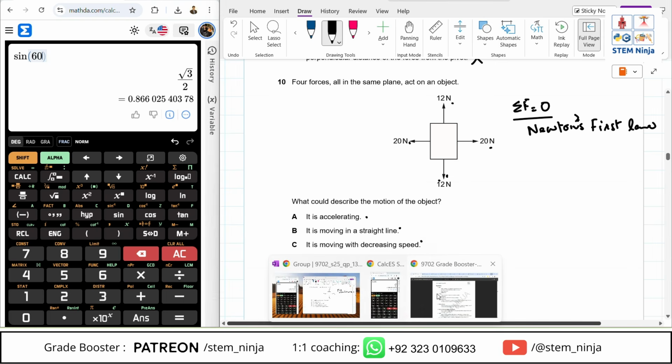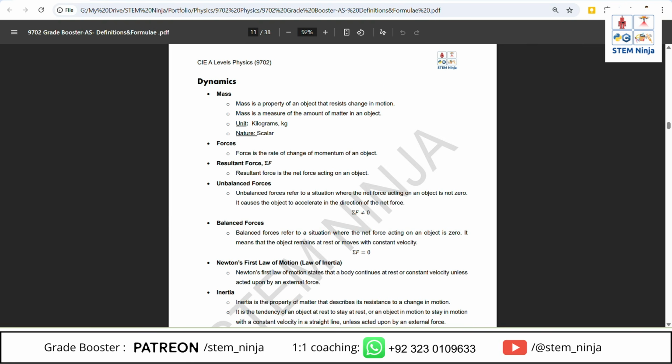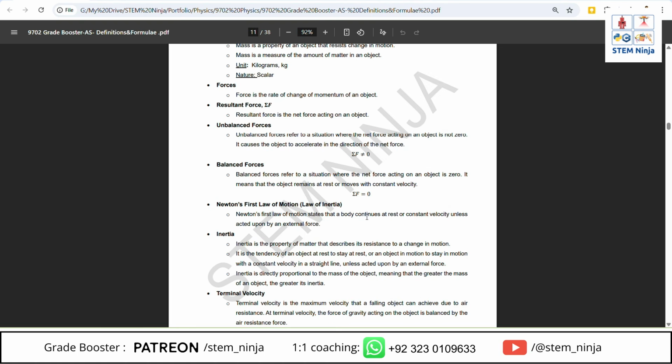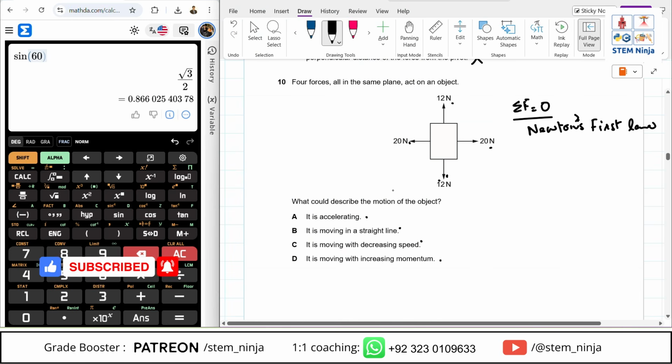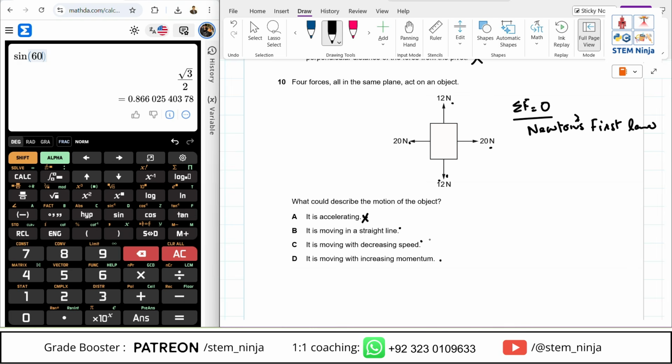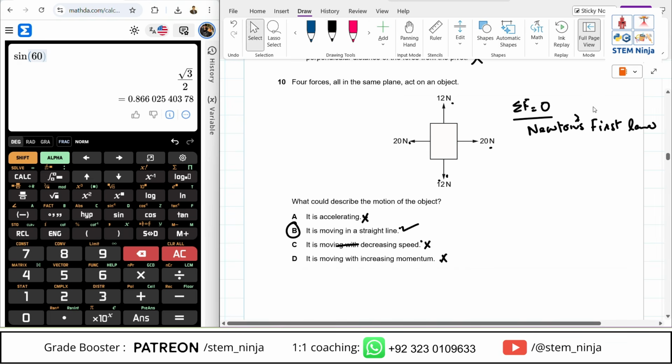So again, Newton's first law of motion states that a body continues at rest or constant velocity unless acted upon by an external force, which means it's not accelerating. It is moving with decreasing speed would mean decelerating, so no. It is moving with increasing momentum, no, because the resultant force is 0. It is moving in a straight line. This is correct because of the body's inertia, basically.